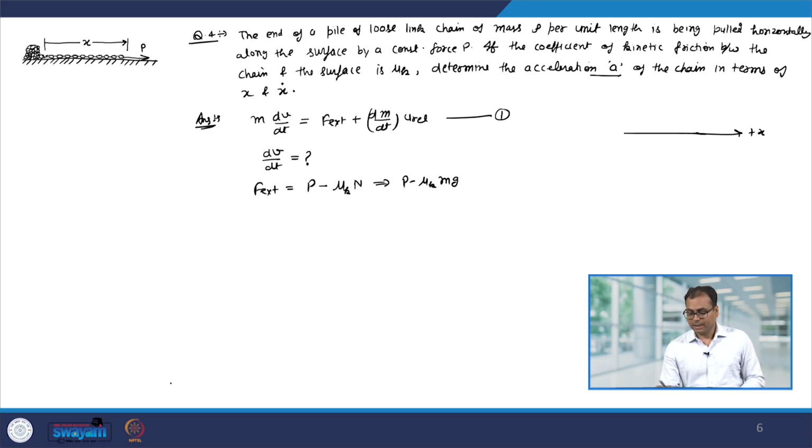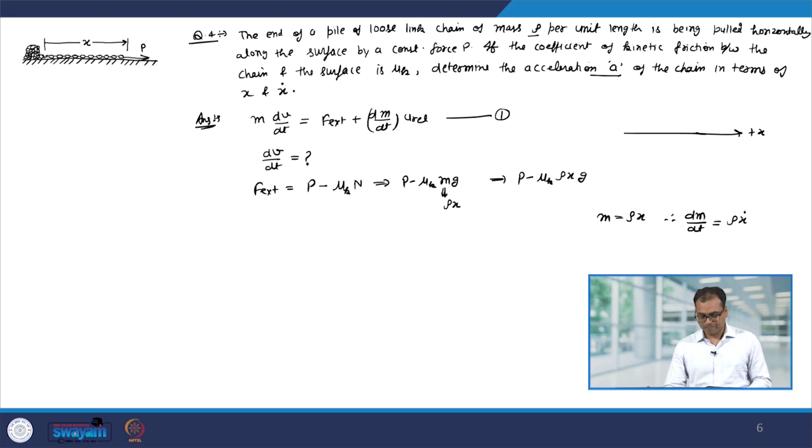It is given that rho is the mass per unit length, so m will be rho times x. Therefore, F external will be P minus mu k rho x g. As I said, m will be rho x, therefore dm by dt will be rho x dot.